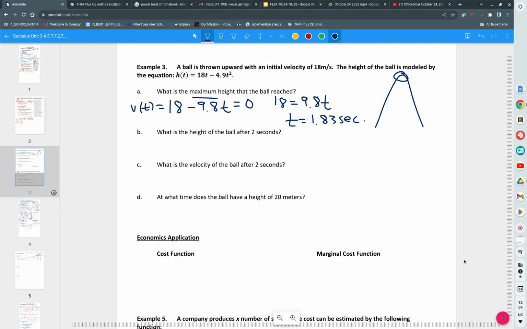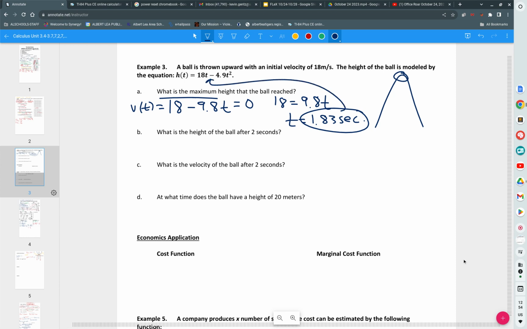That's when it reaches its maximum height. What is the height of the ball? Oh, it says what is the maximum height? Did I actually determine the height? No. How do I figure out the height? I take this and plug it into where? The original function, which is right there.